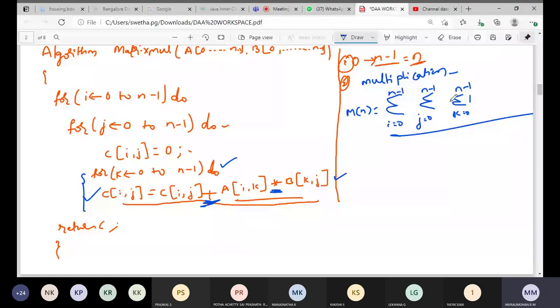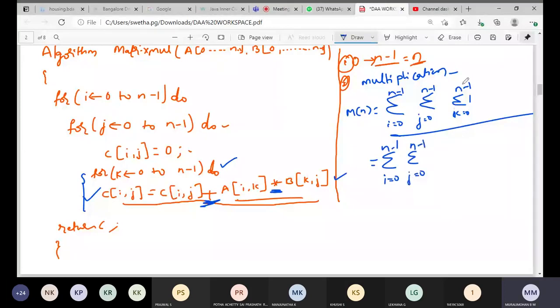Okay. Now, if we simplify this, what will we get here? First, you simplify this one, same as previous: upper limit minus lower limit plus one. So these two will be as they are: i equals 0 to n minus 1, j equals 0 to n minus 1.